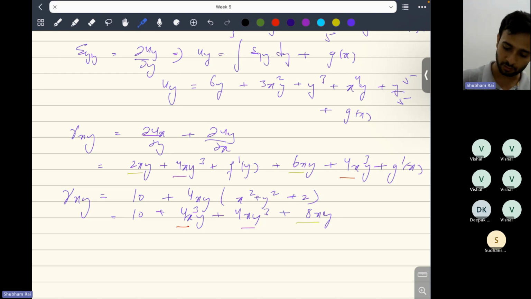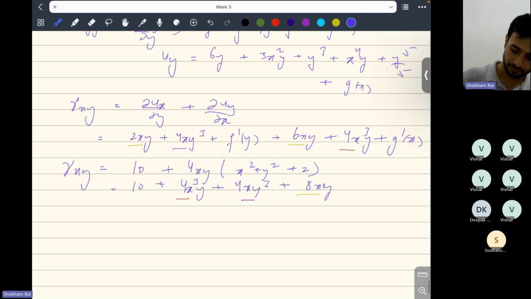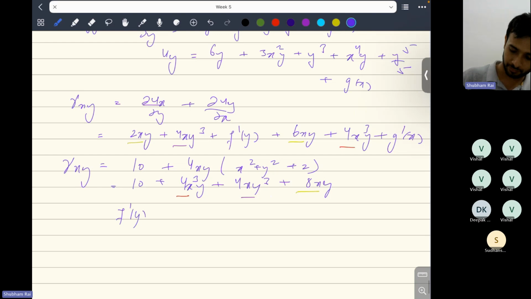So you are left with 10 only. So this 10 should be equal to f prime y plus g prime x. So finally you have f prime y plus g prime x, and that should be equal to 10.